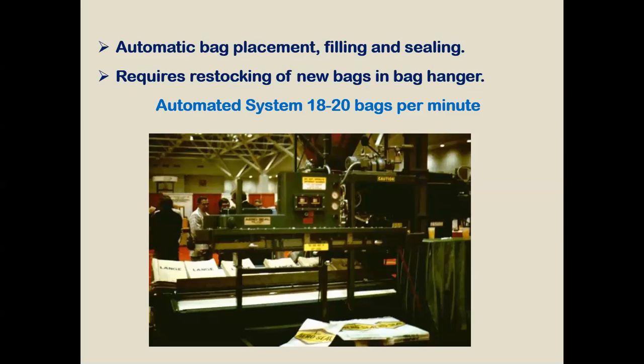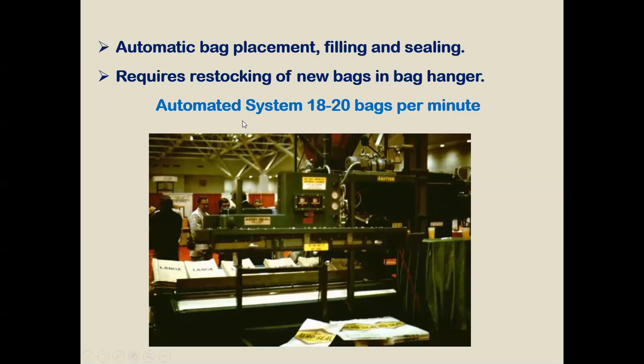And in case of automatic bag, the filling, placement and sealing can be made automatically, and this requires a stocking of new bags in bag hangers. We should keep those bags in a particular area, and the machine automatically does this work like placement and sealing of the bag.